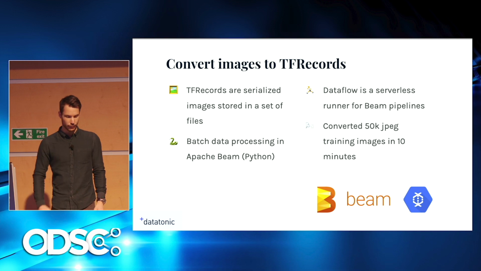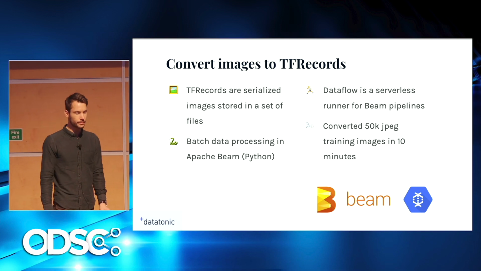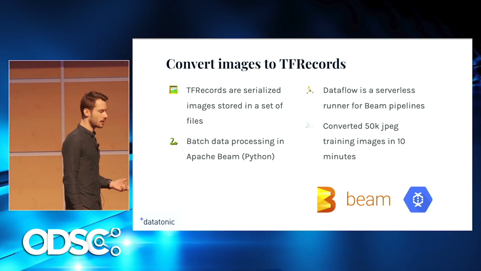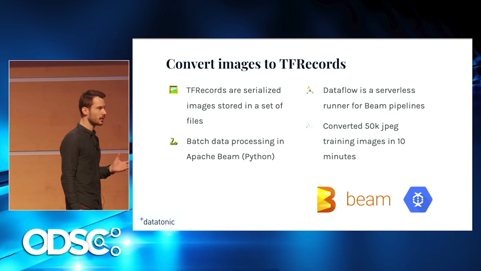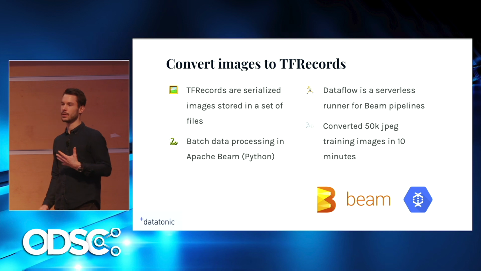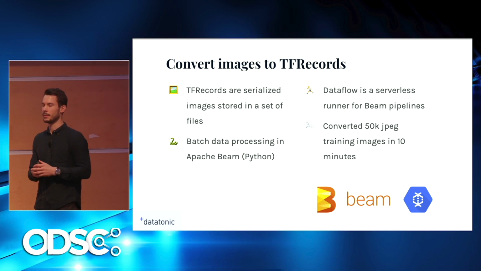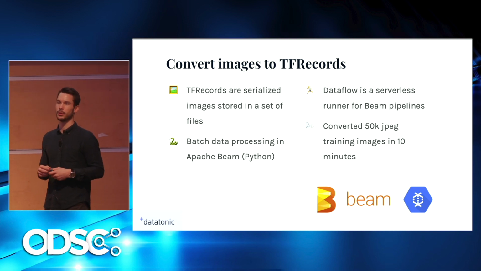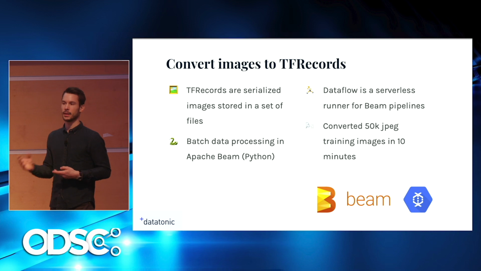Well, let's talk about TFRecords for a second. TensorFlow records are its own format to store data. It's a serialized version of whatever data you can imagine and want to deal with, and it relies on protobuffers. The nice thing here is you can actually combine training data with labels.